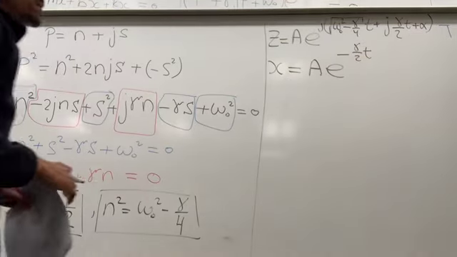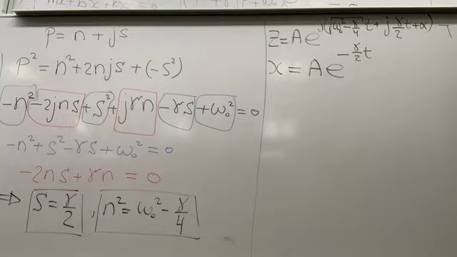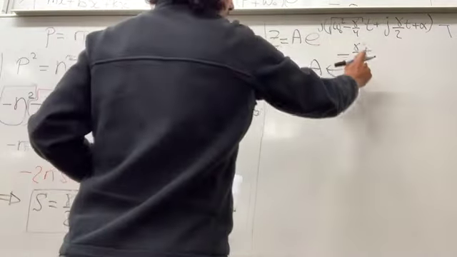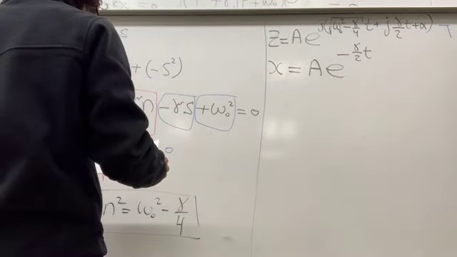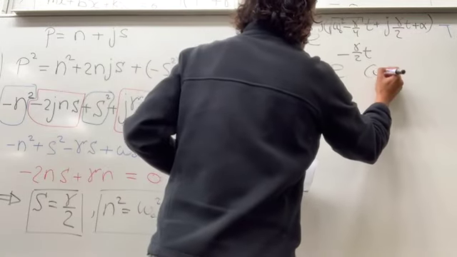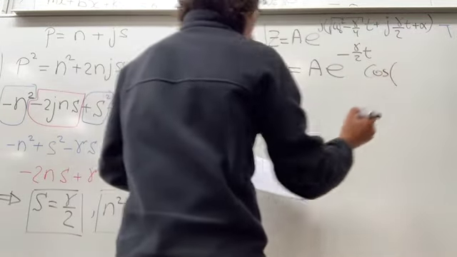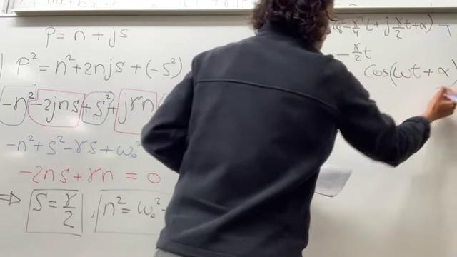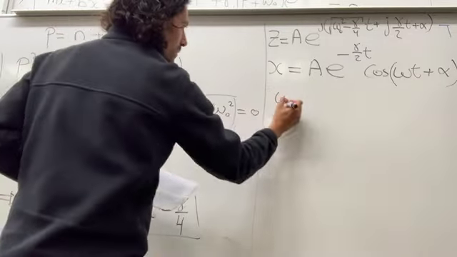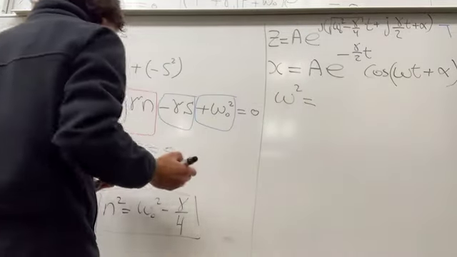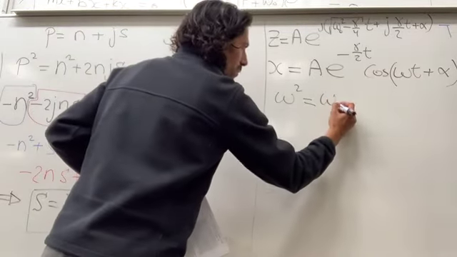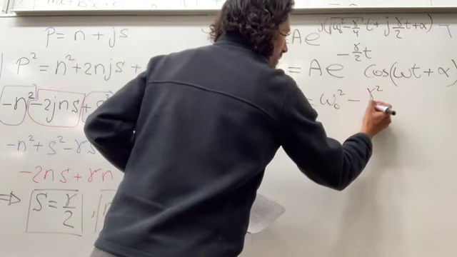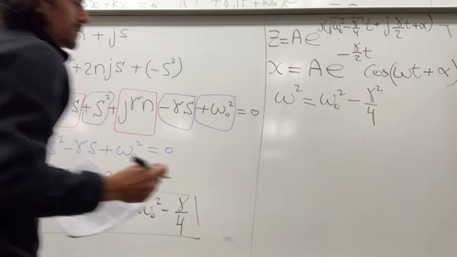So this term would be there, minus gamma over 2 times t, times cosine, let's write omega t plus alpha, and that omega now squared would be omega 0 squared minus gamma squared over 4.